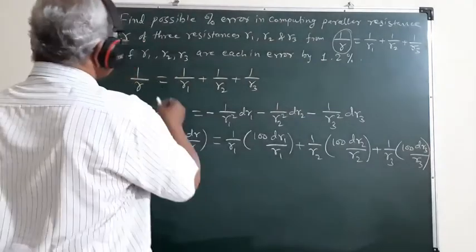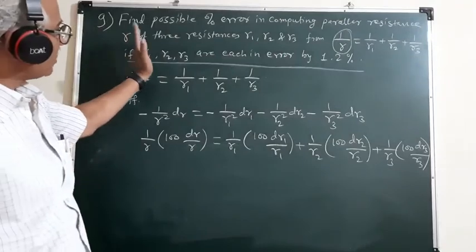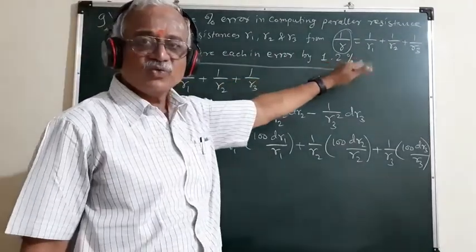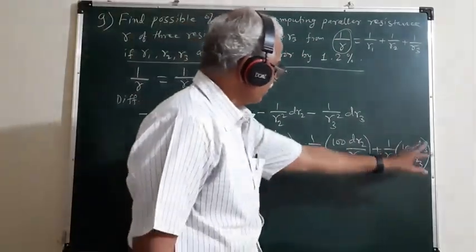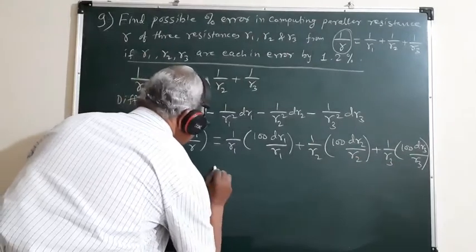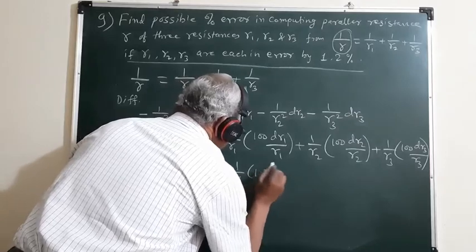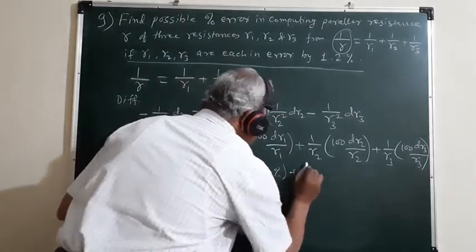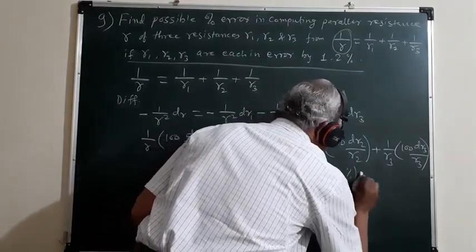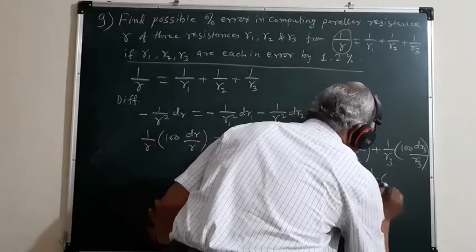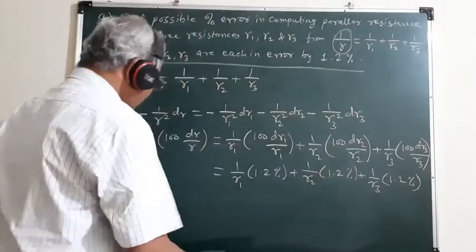And we are given that the percentage errors introduced in the measurement of the values of resistors R1, R2 and R3 are 1.2% each. So using these values in the brackets on the right hand side, we get 1 upon R1 into 1.2% plus 1 upon R2 into 1.2% plus 1 upon R3 into 1.2%. 1.2% can be taken common.